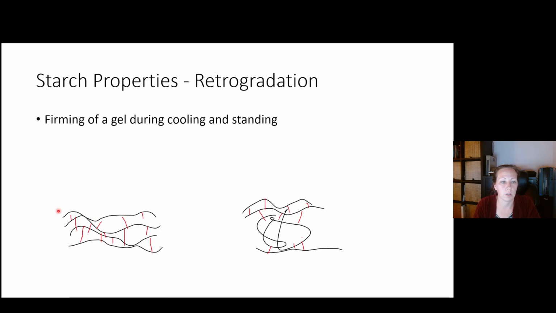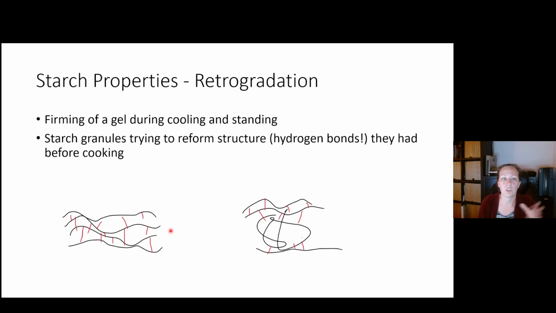The hydrogen bonds across the molecules of amylose or amylopectin rebond, and the starch granules are trying to just reform that structure that they had before cooking. Okay, this is called retrogradation. The forming of a gel during cooling and standing. Retrogradation is reversible. So if you reheat the starch, then you're going to break those hydrogen bonds again and reverse that process.